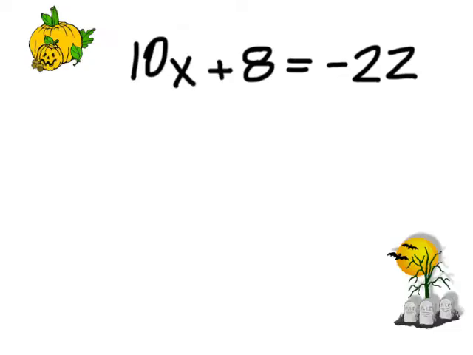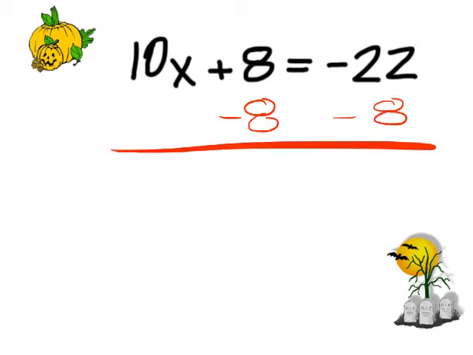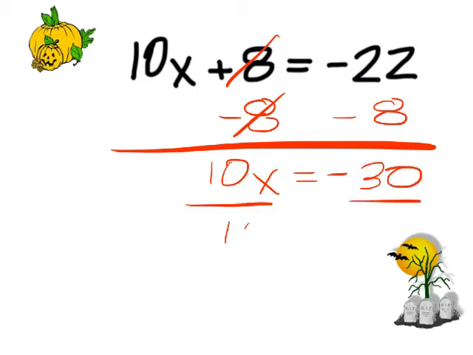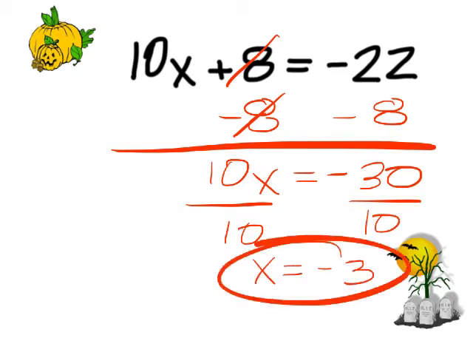Bonus problem number 3. You should subtract 8 from both sides. These cancel out, and you're left with 10x equals negative 30. Divide both sides by 10, and you come up with an answer of negative 3.